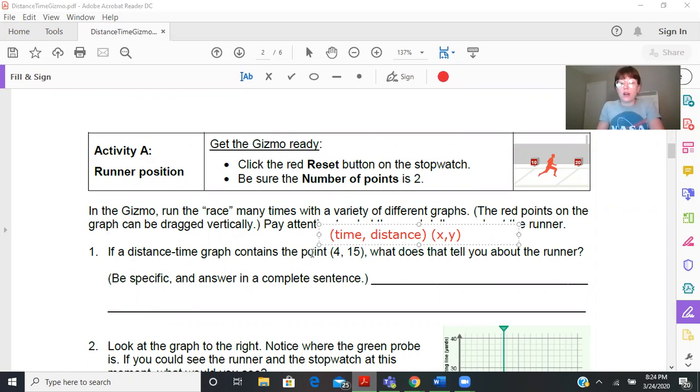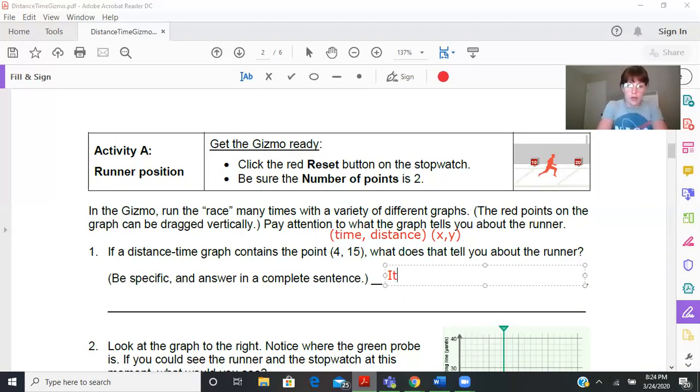What this says, without even looking at the graph, is that the runner was at 15 yards at 4 seconds, because my distance was 15 and the time it took him to get there was 4 seconds.